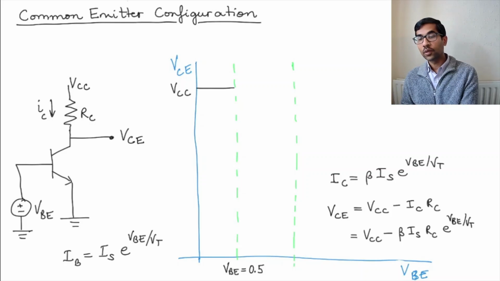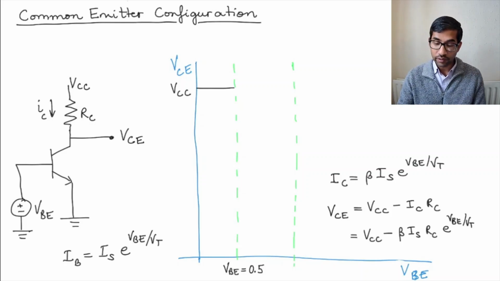And now you can get VCE, the collector emitter voltage in the active mode, from this equation. So you can see that as VBE increases, this term becomes larger and larger in value, and therefore VCE becomes smaller and smaller.